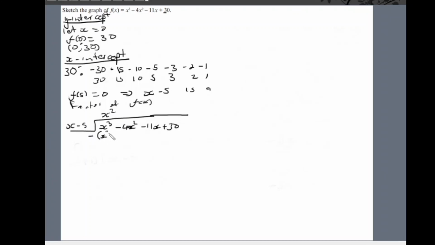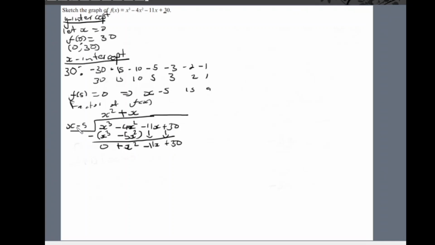I'll get x cubed minus 5x squared, and if I subtract, I get 0 and x squared. Here I'll bring down the 11x and the 30, 11x plus 30, and then I'll divide x squared by x to get x, right?